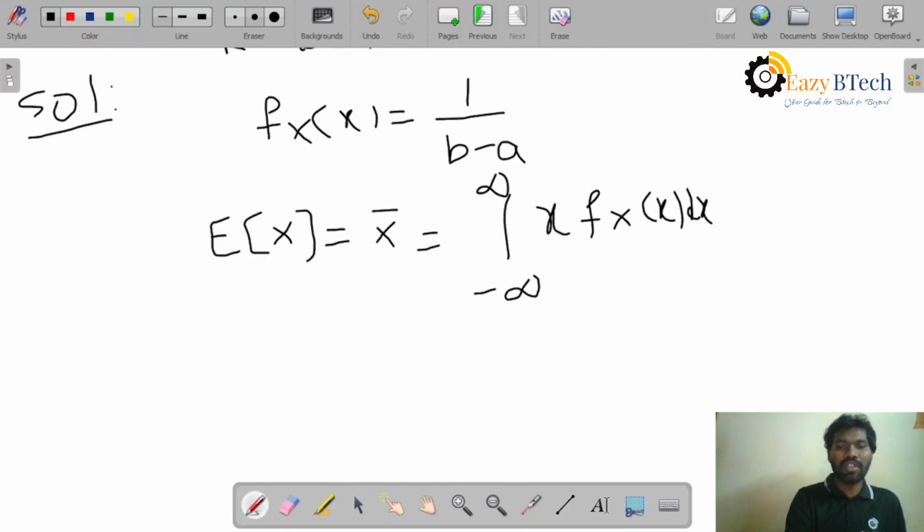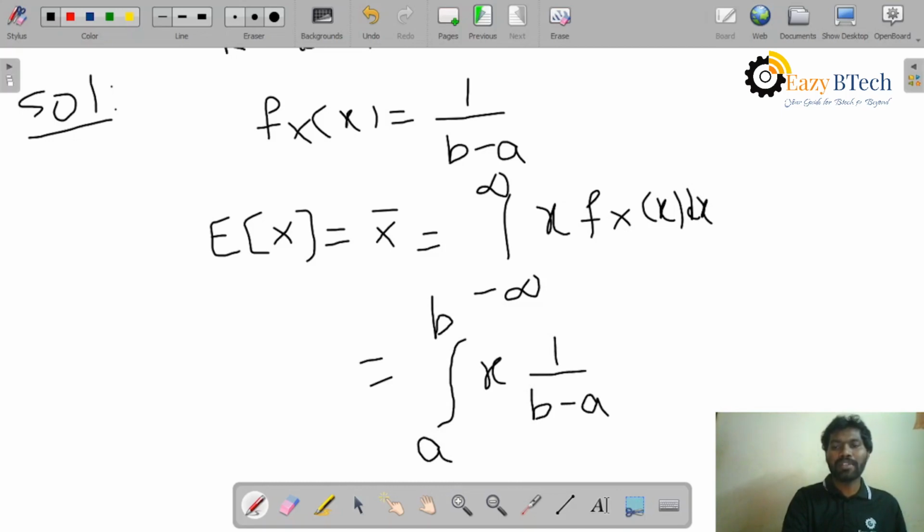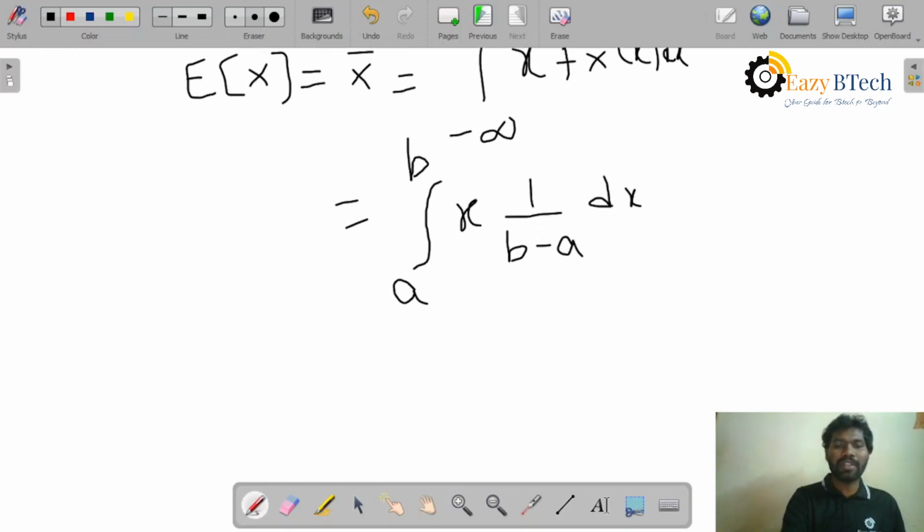Now just substitute your density function. As the density function only lies between a to b, the integral limits are a to b, x into 1 by b minus a dx. As 1 by b minus a is a constant, I will take it outside: 1 by b minus a, integral of x dx from a to b.